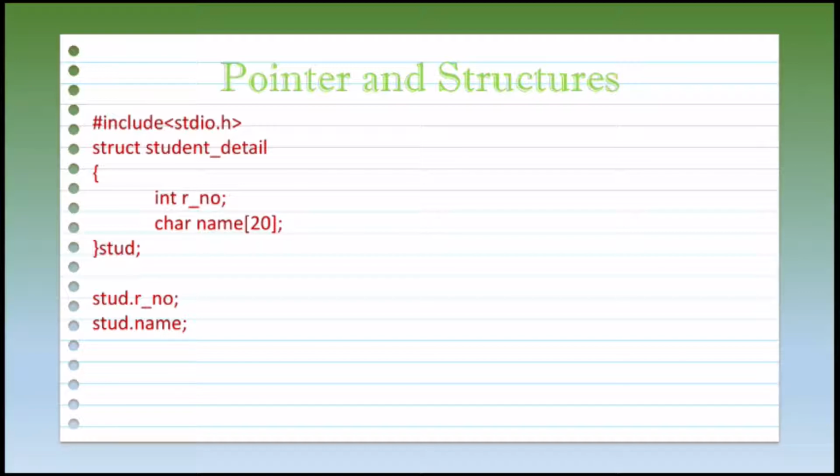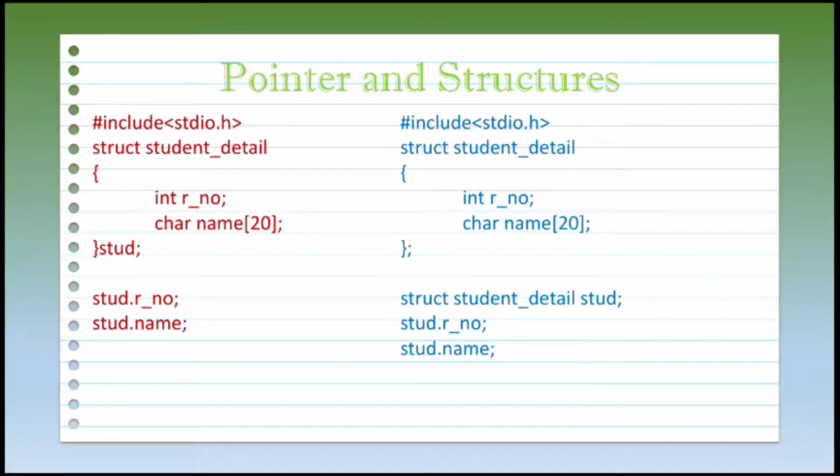There is another way we can declare structure variable. So if you look at this example, here we have declared structure, that is same name student detail, and in that there are two elements, that is R number and name. But we have declared variable outside the structure declaration.